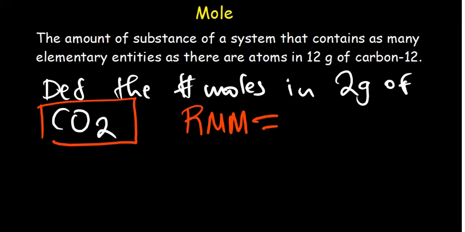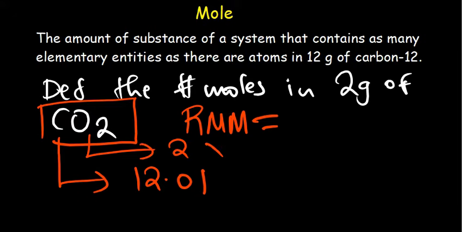Carbon has 12.01 as its molar mass, and there's only a single carbon in carbon dioxide. Then we've got 2 oxygen atoms, which each have 15.994. So you evaluate the two values.